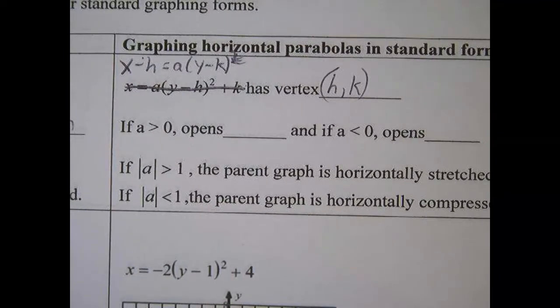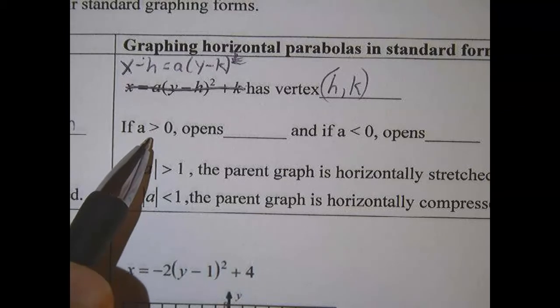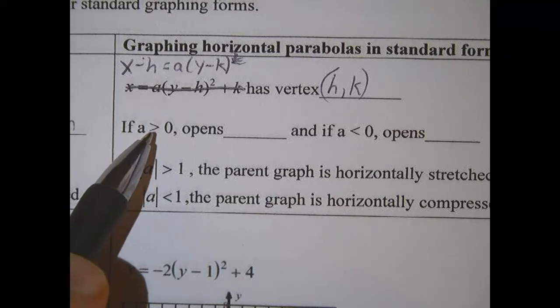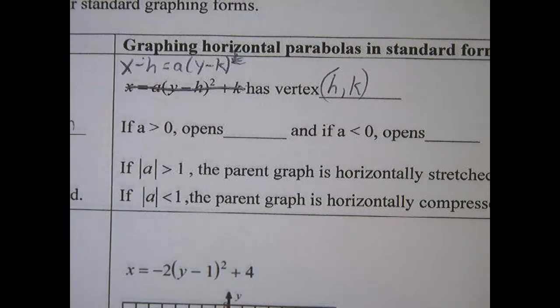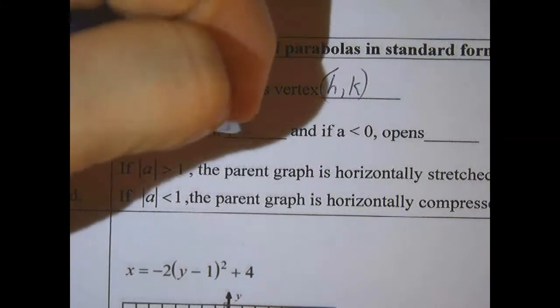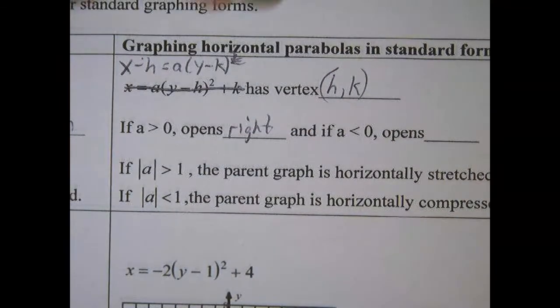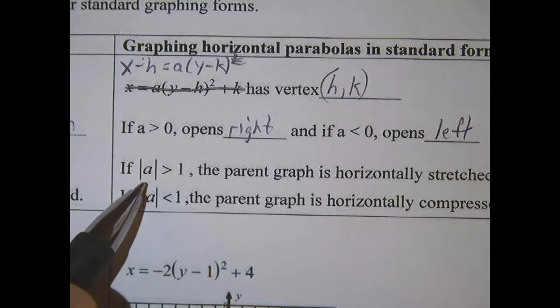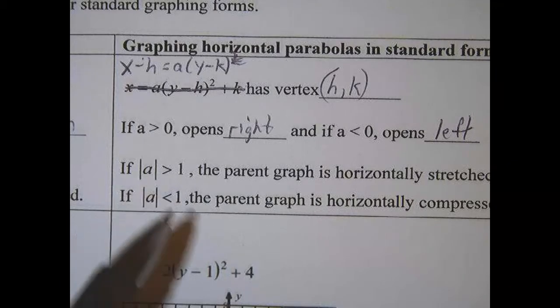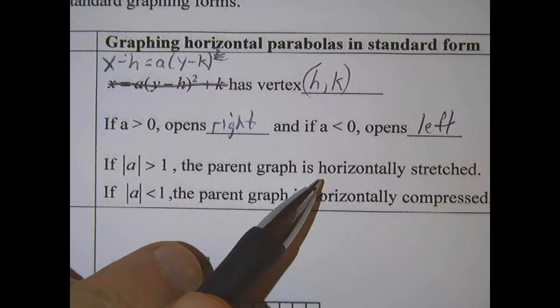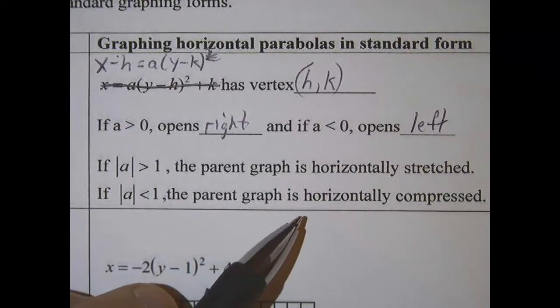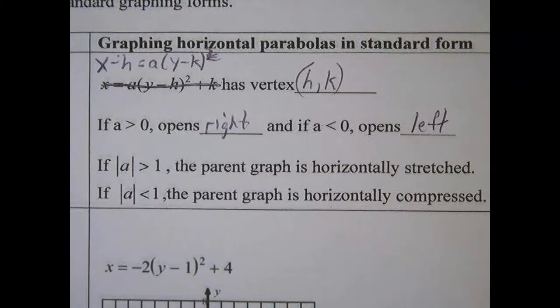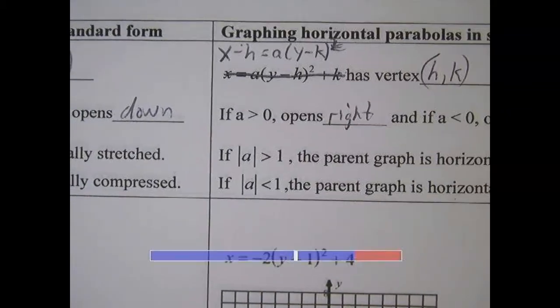For the sideways parabola, if a is greater than 0, it opens to the right, and if a is less than 0, it opens to the left. If a is greater than 1, the graph becomes horizontally stretched, and a fraction becomes horizontally compressed. It actually does both, but we'll go with horizontally compressed.